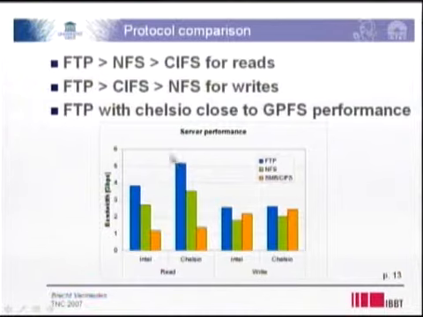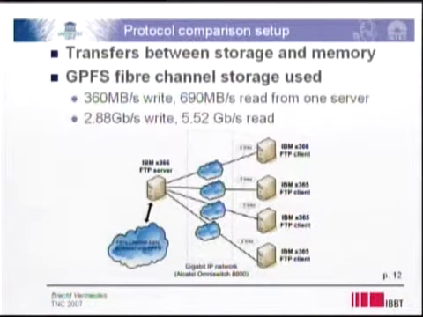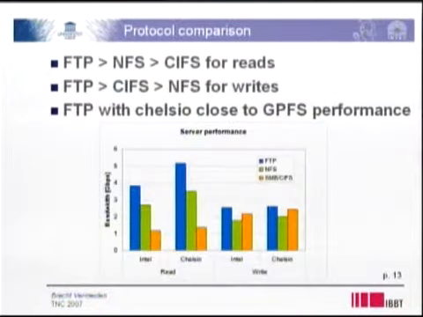With the Chelsea, we reach a little more than 5 gigabits per second. The performance of our SAN was 5.5 gigabit read speed, so here we reached the bottleneck of the SAN with FTP. NFS and CIFS don't go that high.